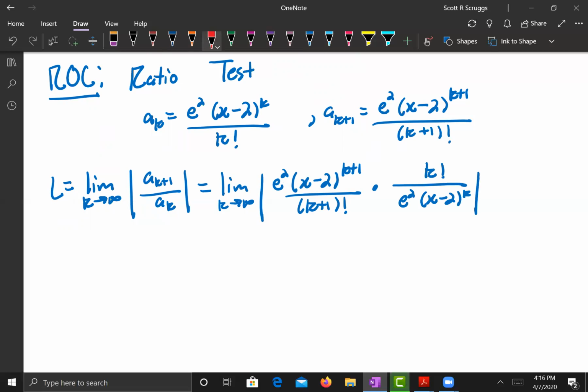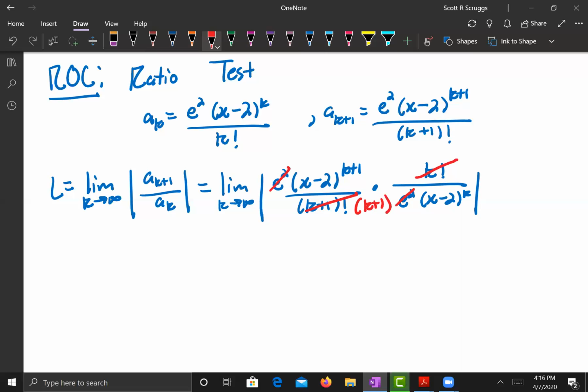Now a lot of stuff gets to die off. First, e to the second dies off. The k factorial in the numerator dies off, and the k plus 1 factorial simplifies down to just k plus 1.